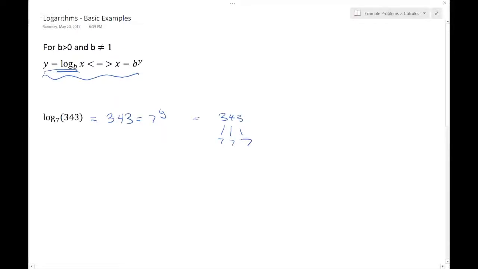And so from this, we know that y is going to be equal to 3, which is then equivalent to, using the functions up above, log in base 7 of 343 is equal to 3. So that's just a quick example showing how to use this relationship to convert between logarithmic functions and exponential functions.